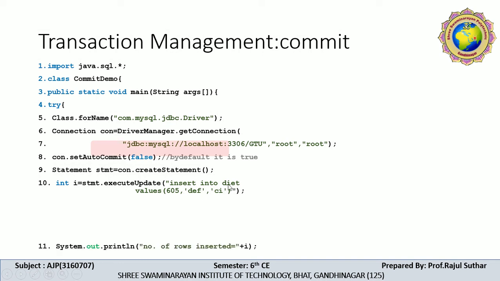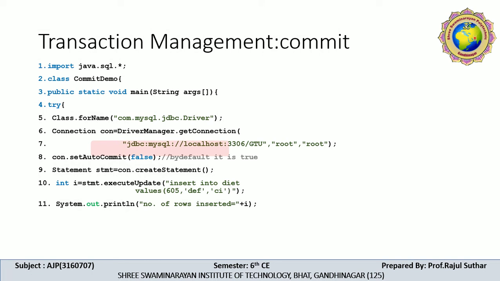Then System.out.println number of rows inserted plus i, which represents the counter, and con.commit. We require the con.commit method here, so this transaction is committed successfully.